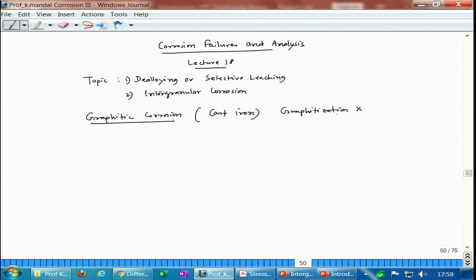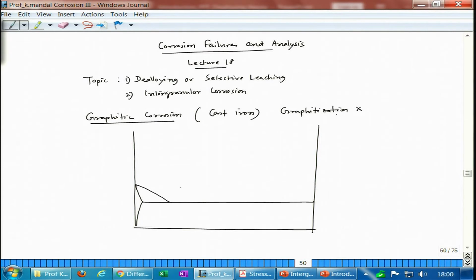Okay. So, at that time if we see the iron carbon phase diagram, this is a schematic picture, you can say.